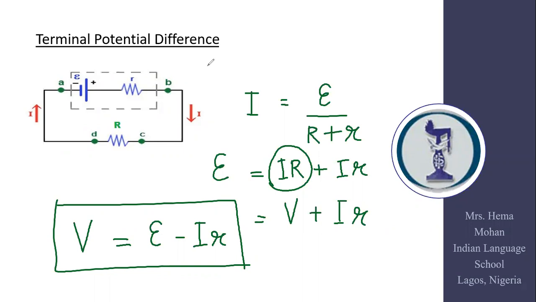Hope you understood. So here, when I becomes zero, that is when the system is under open circuit condition, you have V is equal to E. That means the terminal potential difference is nothing but the EMF when no current flows through the cell. So please get that very clearly.